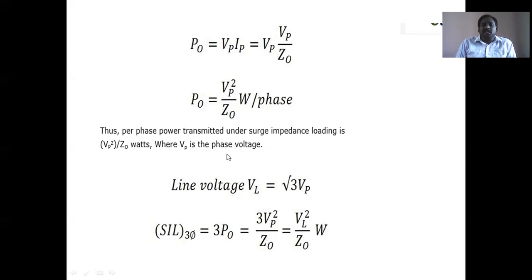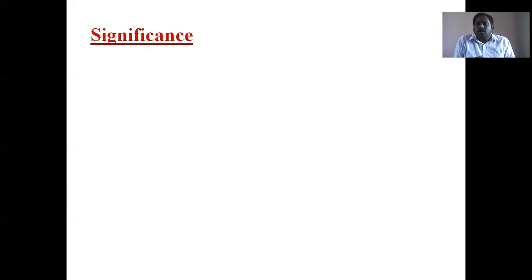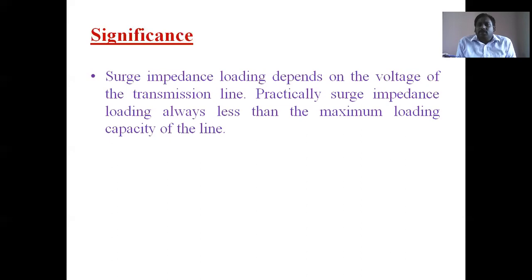Now we will see the significance of surge impedance loading. The surge impedance loading depends upon the voltage of the transmission line. Practically, the surge impedance loading is always less than the maximum loading capacity of the line, because the load on the transmission system is purely resistive.